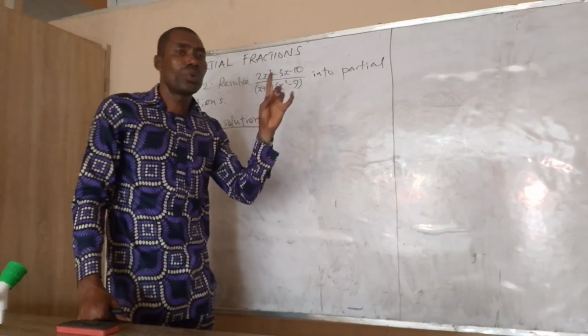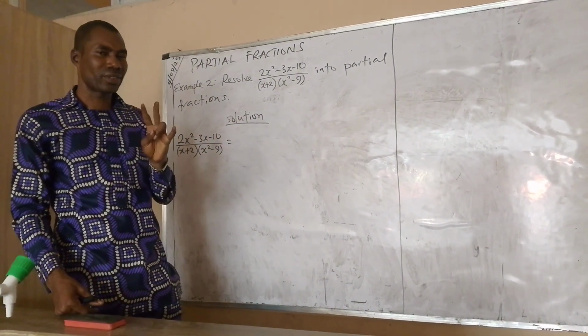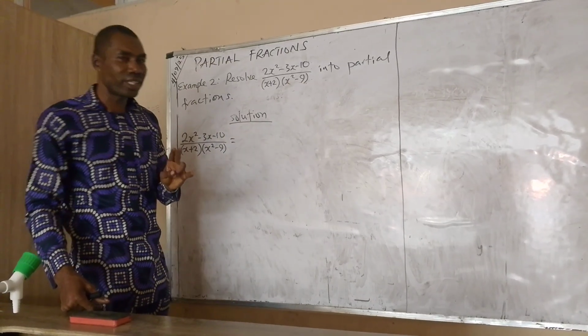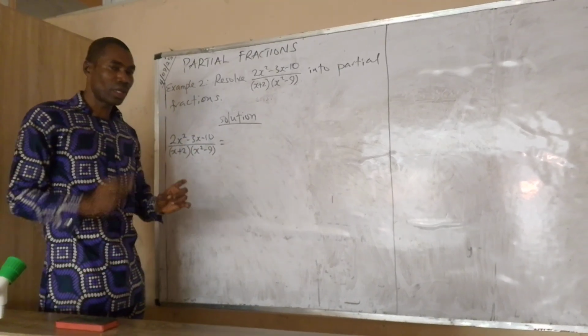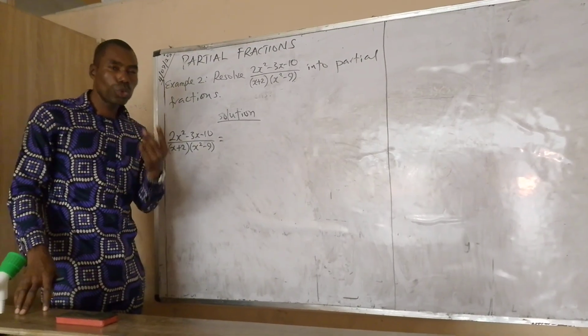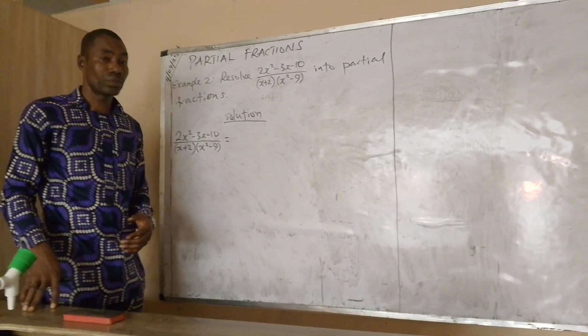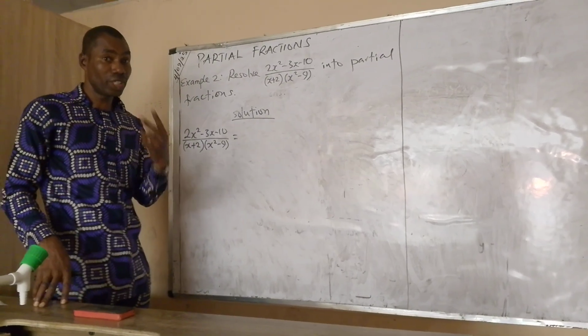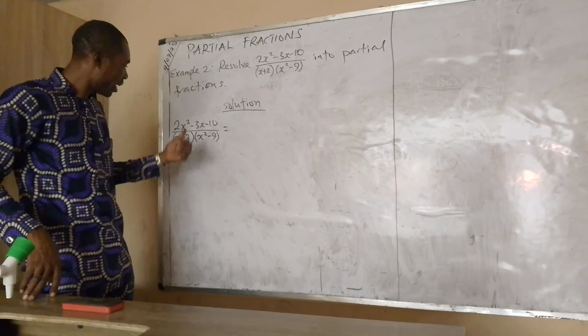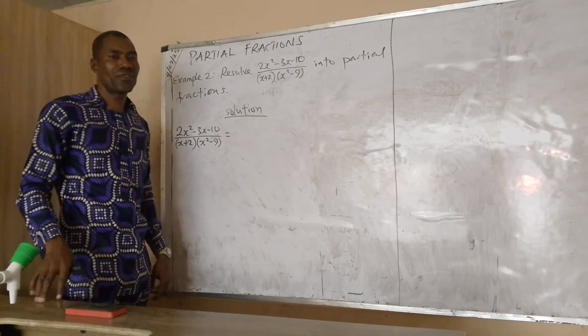The first example and this example have only a slight difference, and that difference is in the denominator. In the first example we did, the denominator consists of 2 linear factors, but in this example, as you can see clearly, the denominator consists of a linear factor and a quadratic factor.